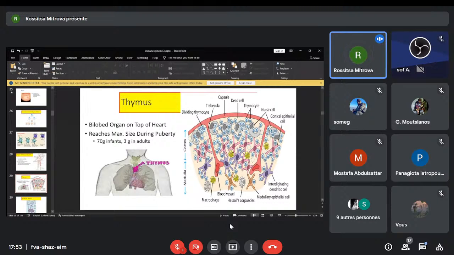The best differentiation is in the early pediatric age, and it reaches the maximum size during puberty, and after that comes an involution. So we don't have it at an older age.